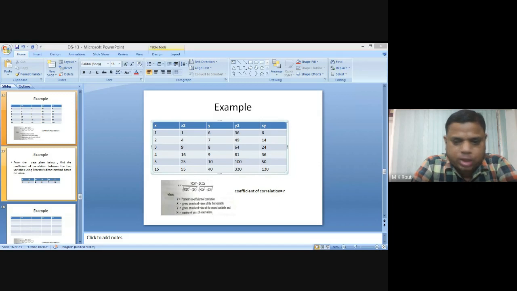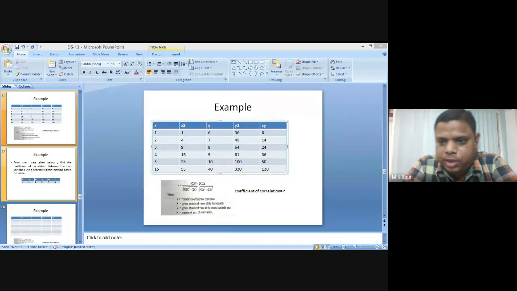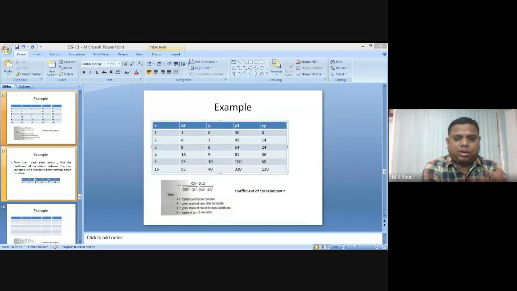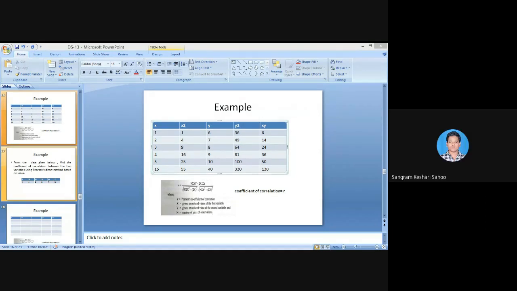Just quickly tell, we are already running short of time. Sangram, what is the answer for the Karl Pearson coefficient here? Solving, sir.